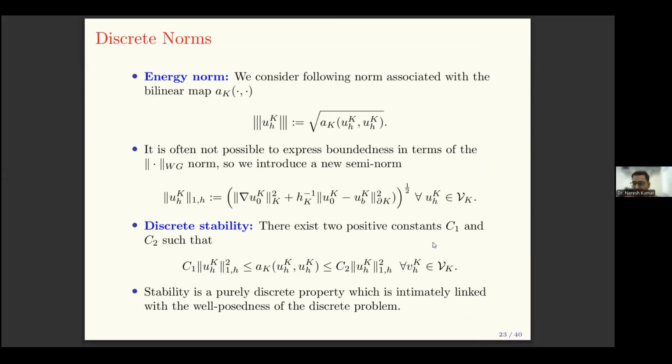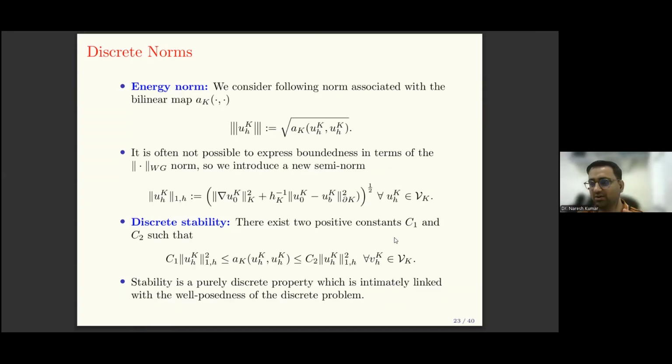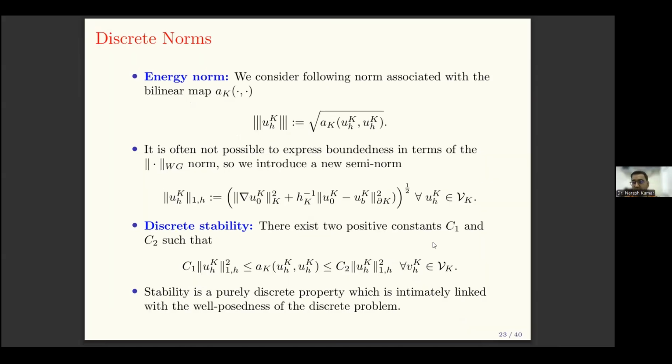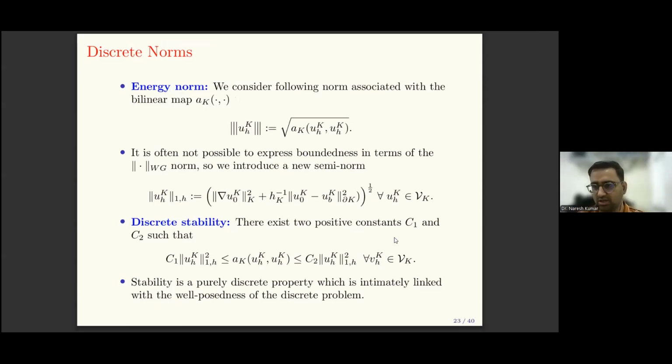Our target is like, suppose we have a ratio a by b, and we want the term a to converge faster with respect to the term b. So that's why we define the stabilizer in such a way that the norm of u_0 minus u_b goes faster than the h term. So this term can dominate the blow up part.